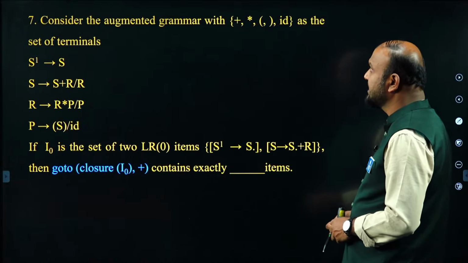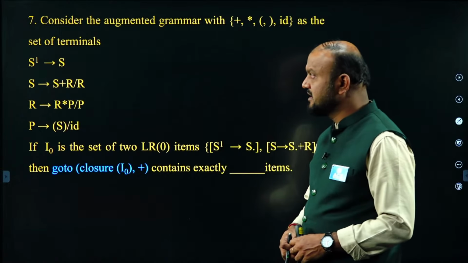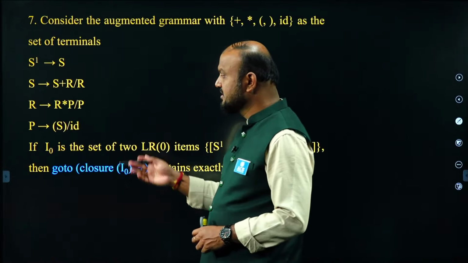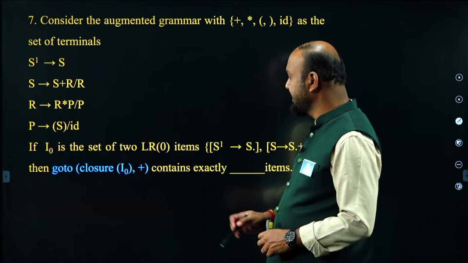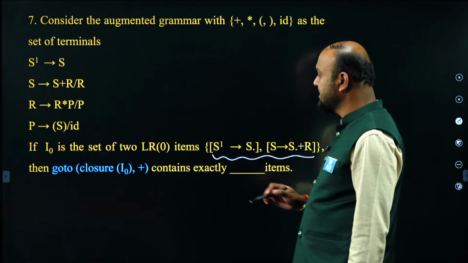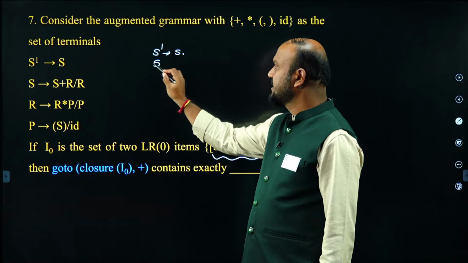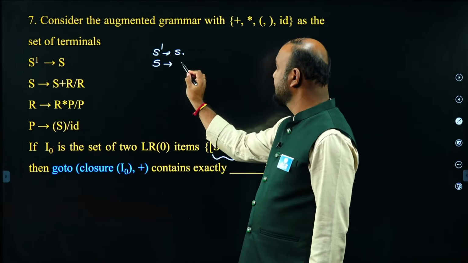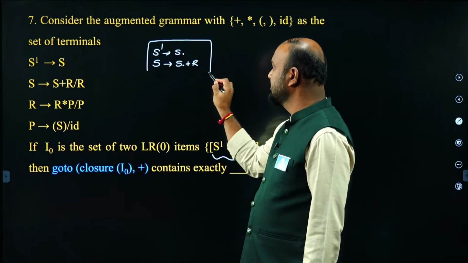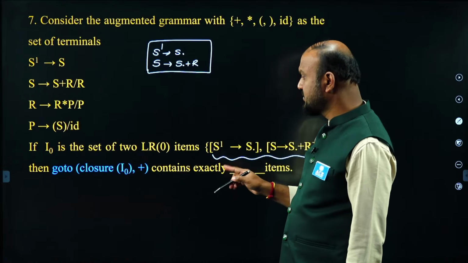Consider the augmented grammar as the set of terminals, and these are the grammar with augmented production S dash to S. If I0 is a set of 2 items, S dash derives S dot and S derives S dot R, S dash derives S dot and S derives S dot plus R. This is I0, the closure of I0 is a set of 2 LR of 0 items.